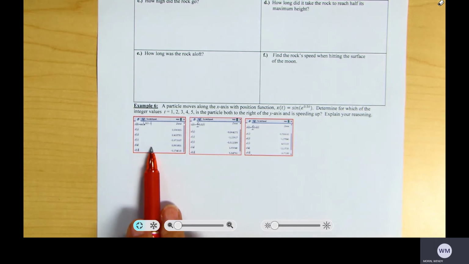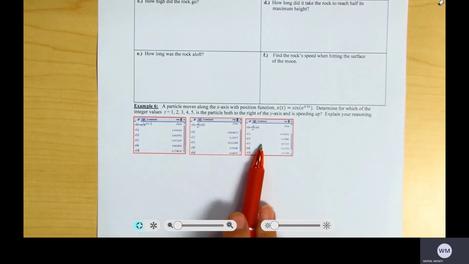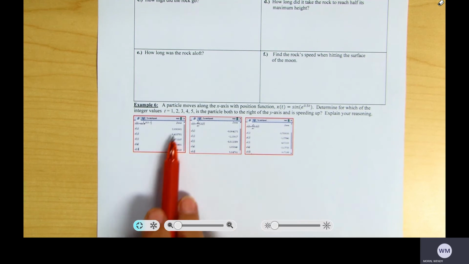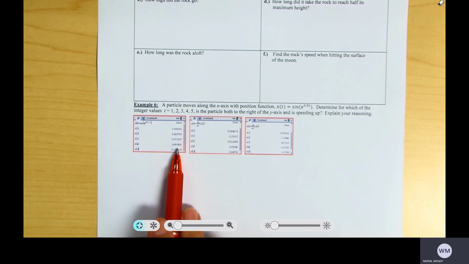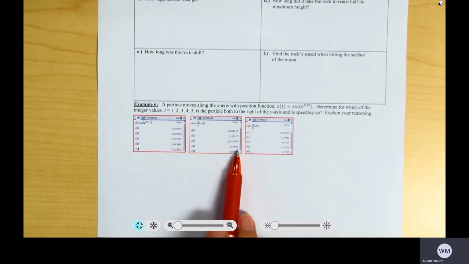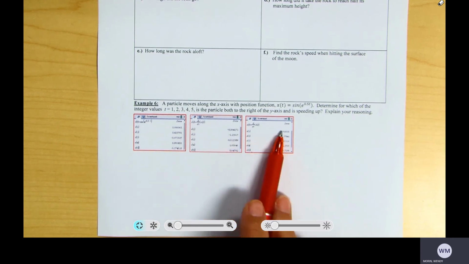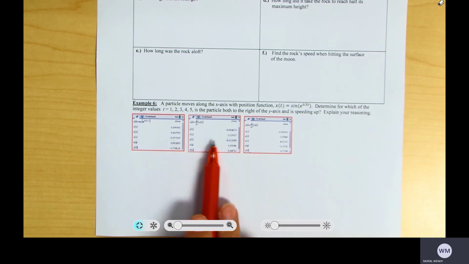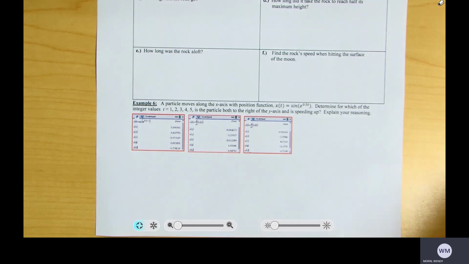I have given you the tables, so I saved you time of plugging them into the calculator. These are the values when the velocity is positive or negative, and the position is positive or negative. So I'm saving you time here. Part of your homework is going to be to finish the notes and then check your answers on the web.